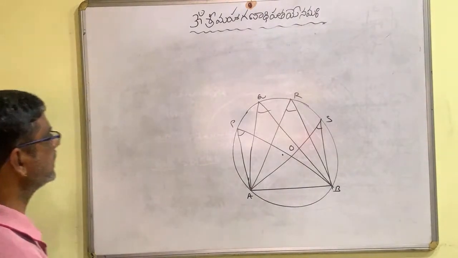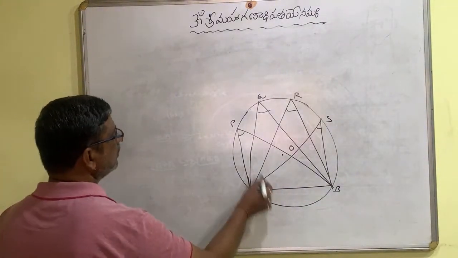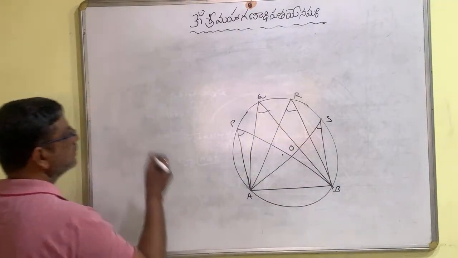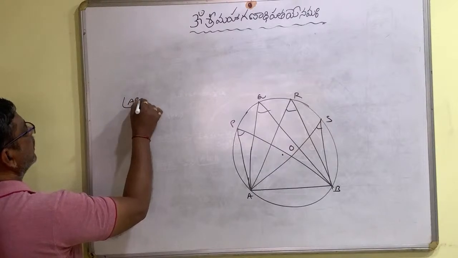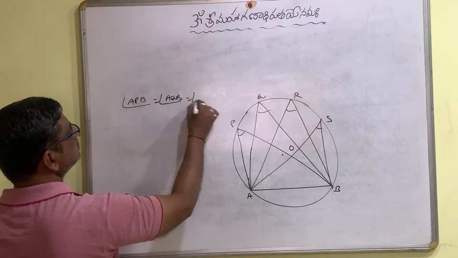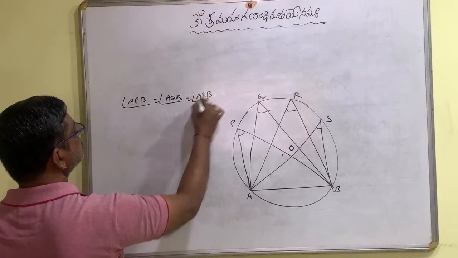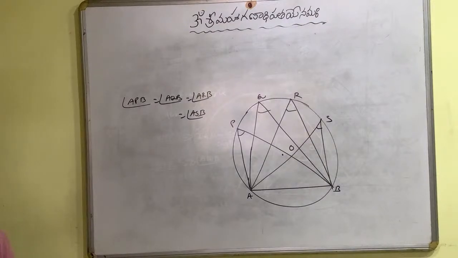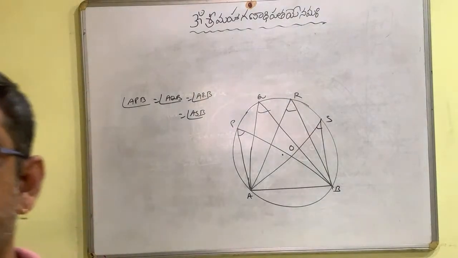So what the property says, since all these angles are subtended by the same chord, they are equal. Okay na?